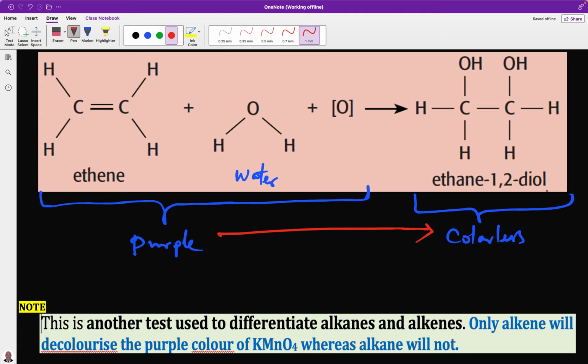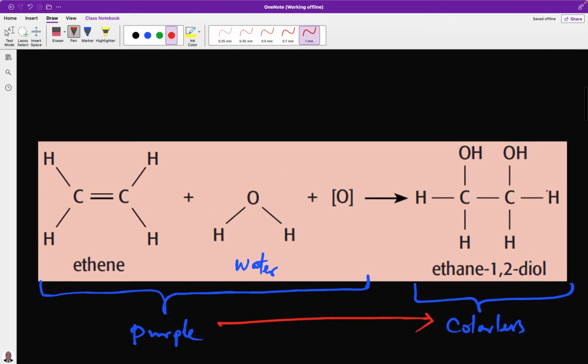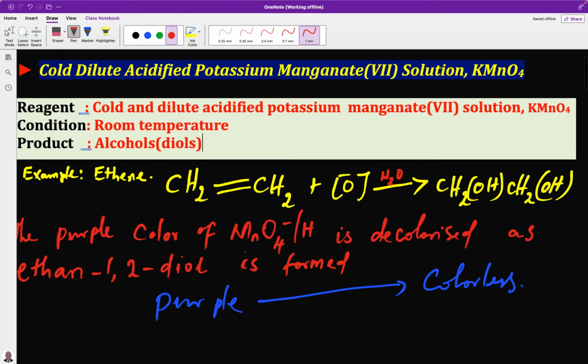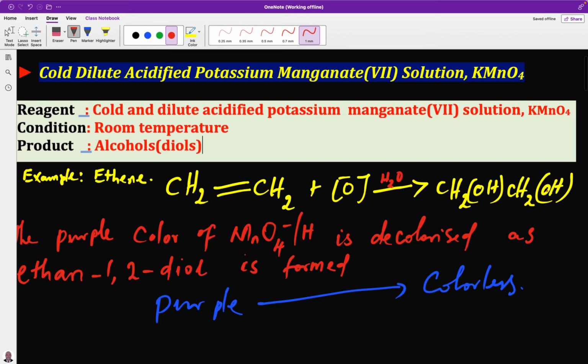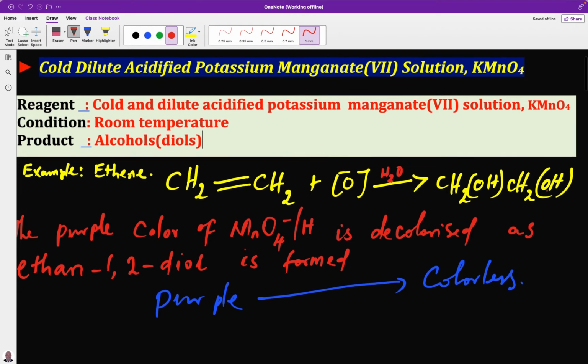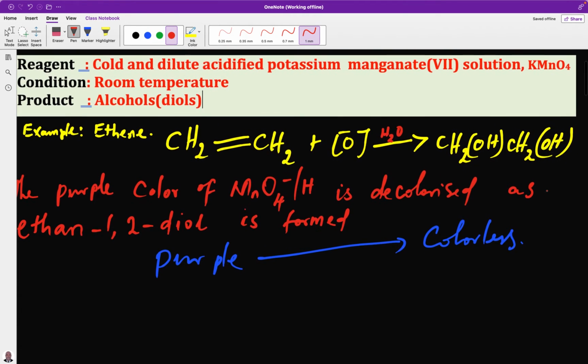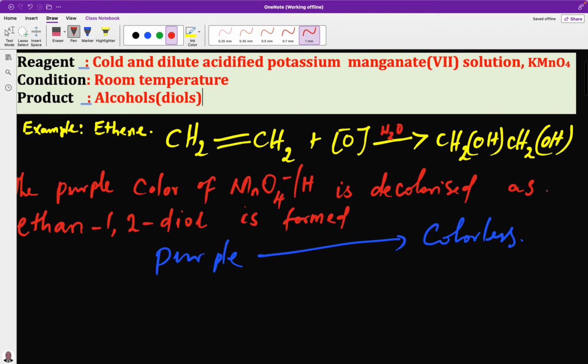So it takes us to the second condition. The first condition, as I said, is cold, dilute acidified potassium manganate 7 solution.